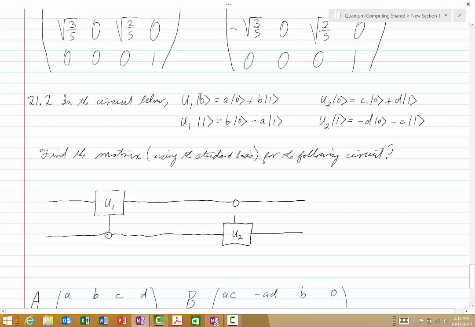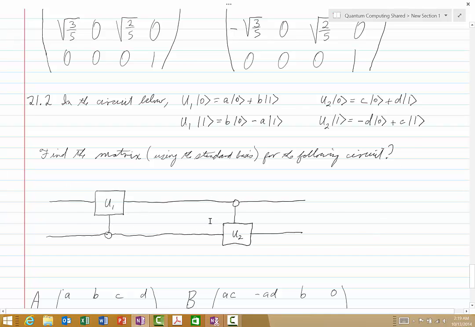Now here is how these gates U1 and U2 can affect qubits when they're activated. U1 of 0 is A0 plus B1. U1 of 1 is B0 minus A1. U2 of 0 is C0 plus D1, and U2 of 1 is minus D0 plus C1.